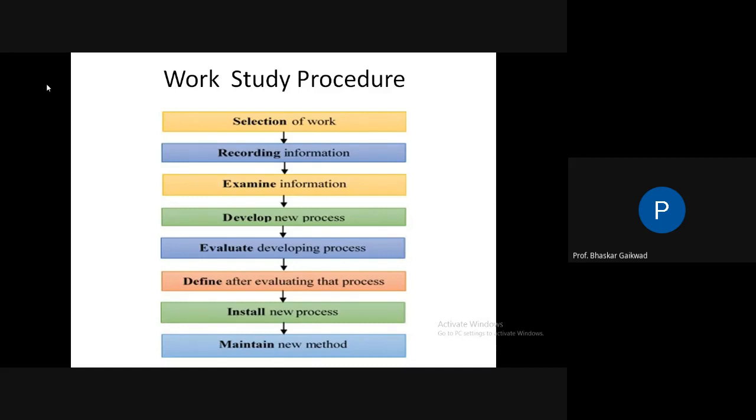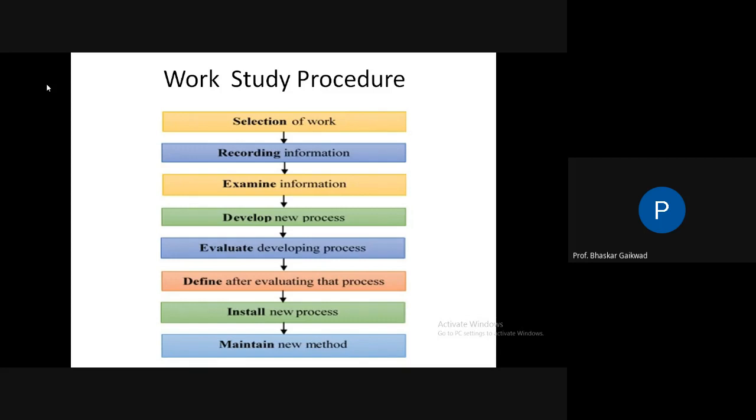Now, in short: study the present work step by step. Okay, and according to this, we have to develop new methods and compare new methods with initial methods as per the cost. If we reduce the cost, the new method is better.